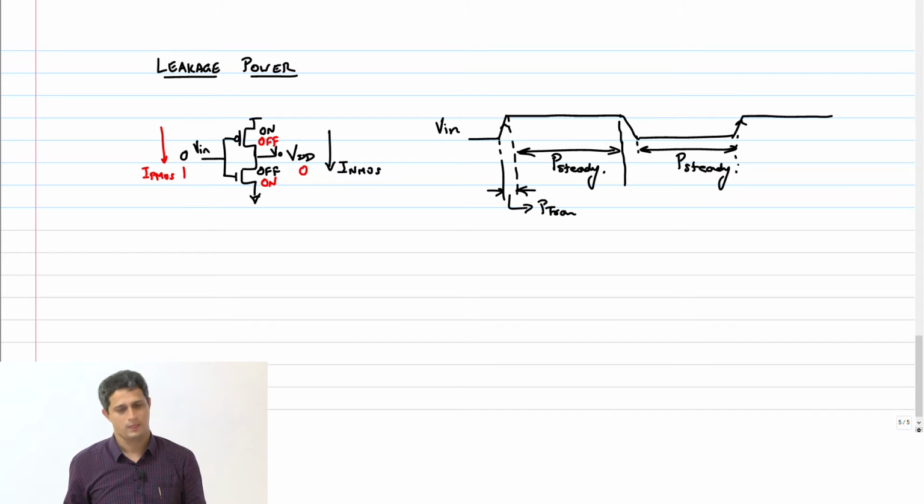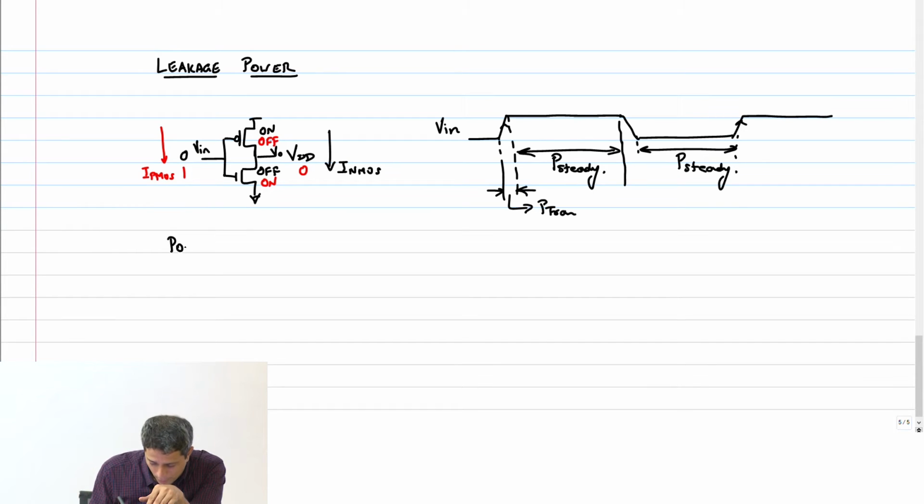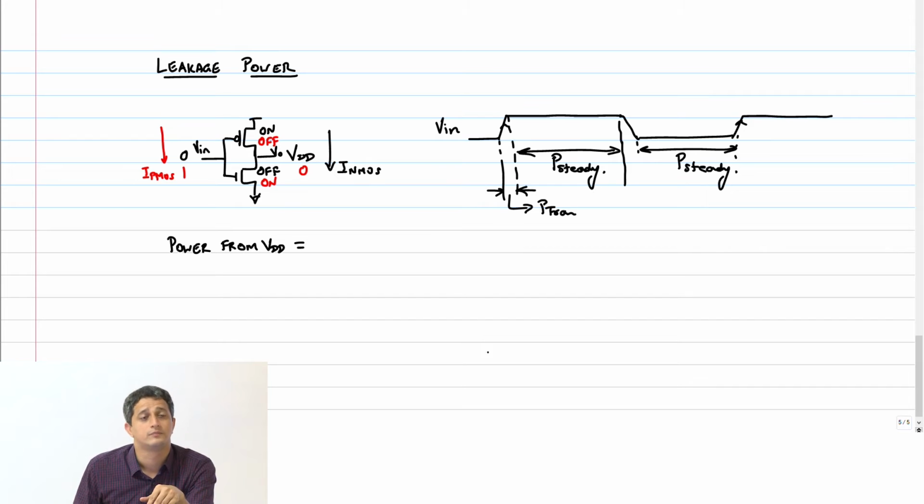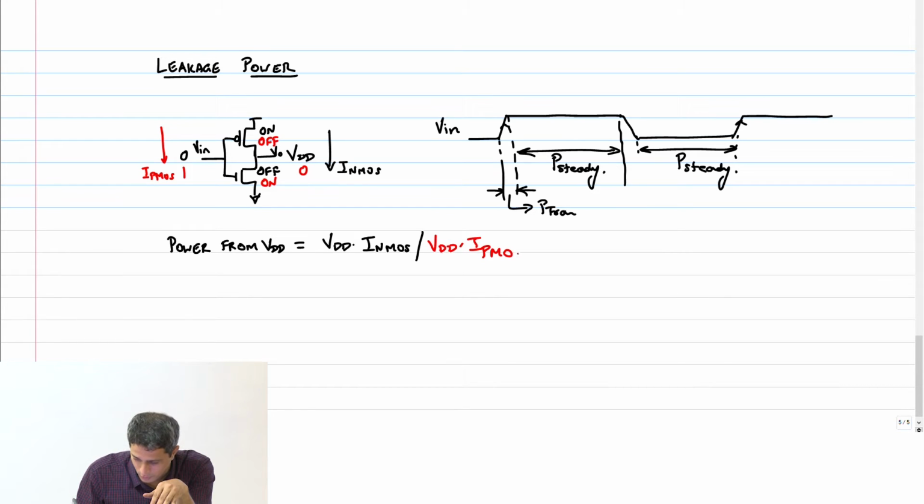Okay, this is also P steady. So what is the power from VDD in steady state? It is VDD into, it's just VI. Steady state current is I NMOS or I PMOS, right? This is I NMOS, right? Or it's going to be VDD into I PMOS.